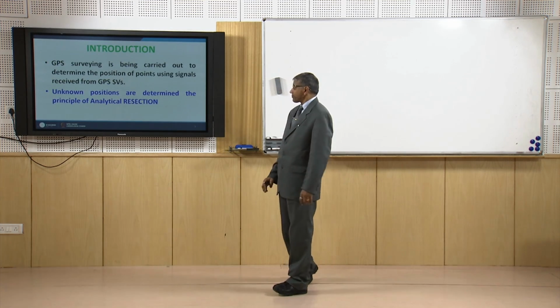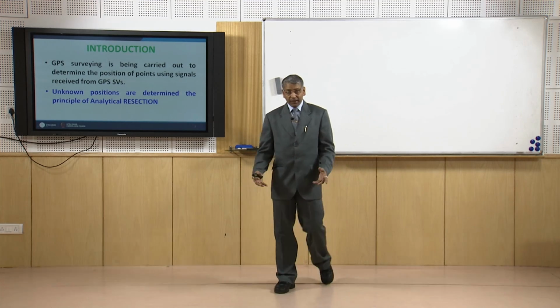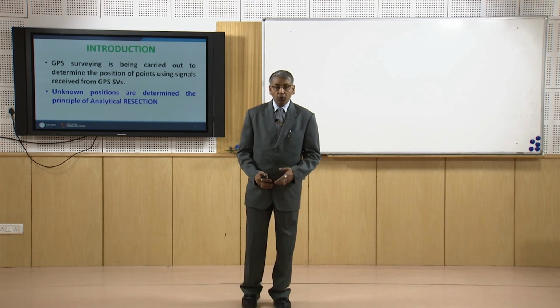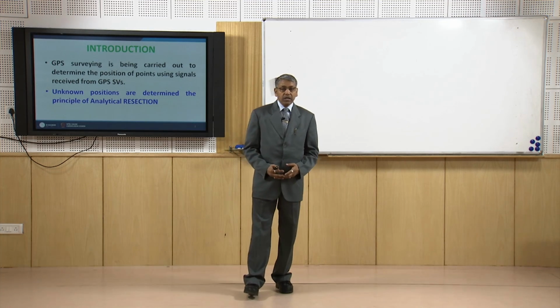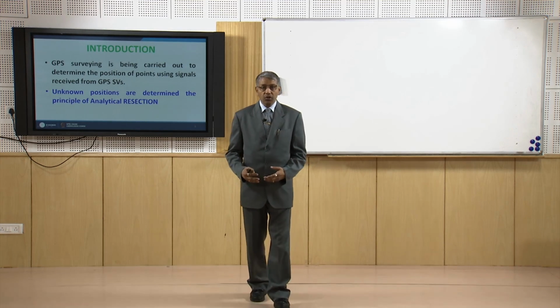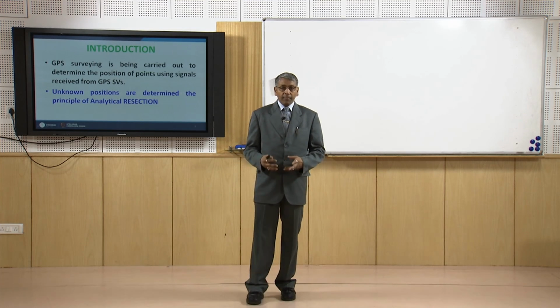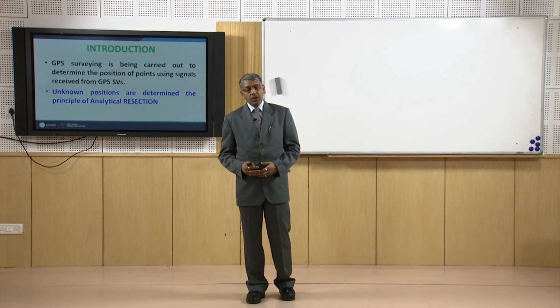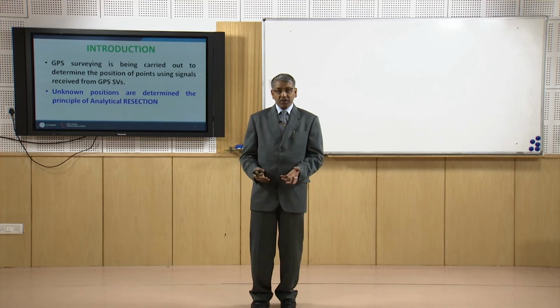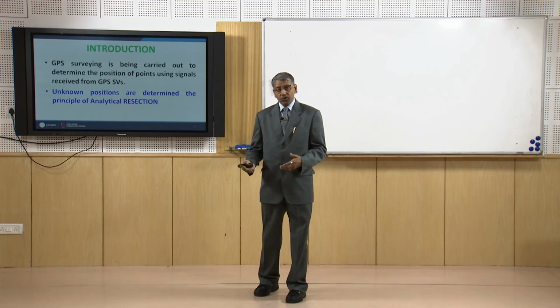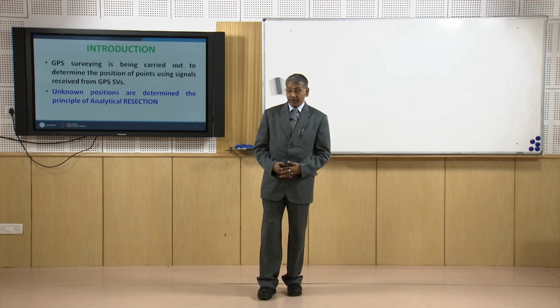Now as we all know from the beginning, we carry out GPS surveying, or we make use of GPS to find out the position of any point, and that position we find out by taking observations from GPS satellites to the GPS receiver, and that data we process further to find out the location of the point.